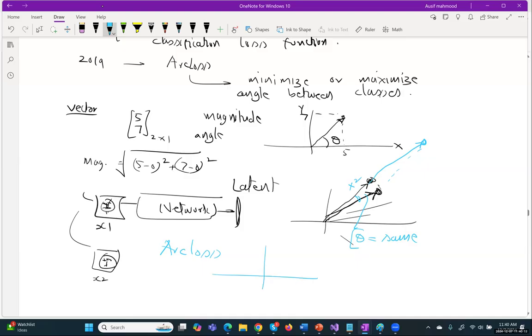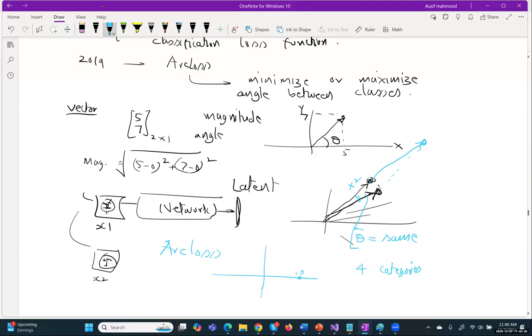So let's pick a 2D case, and suppose you have 4 categories of images. If we go to the latent, remember, we want to create clustering such that each category is far away from the other category, so the classifier could work better.